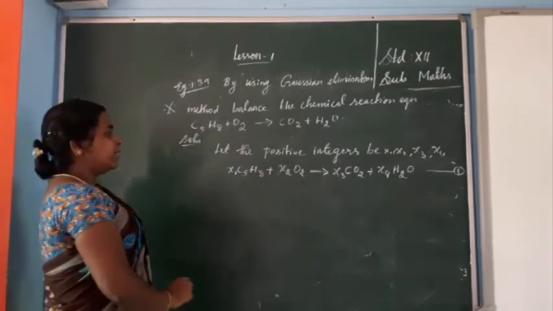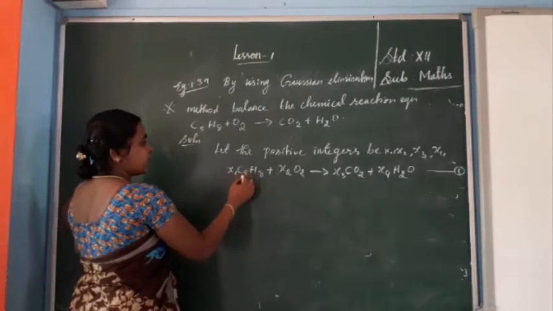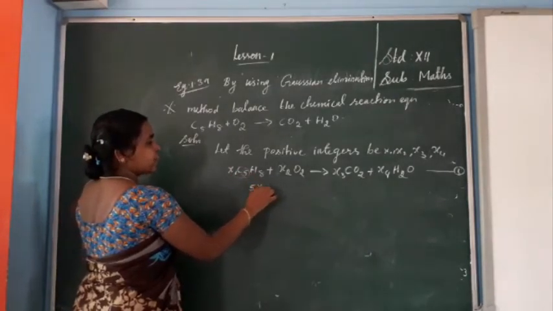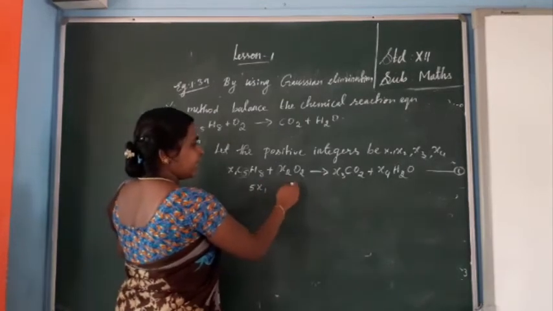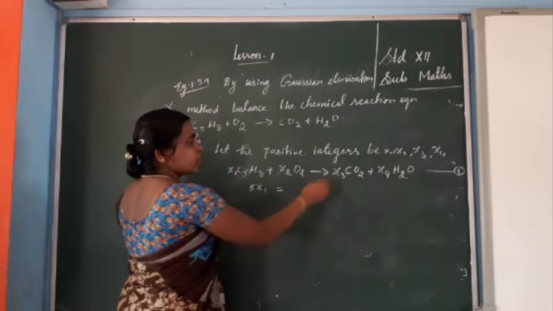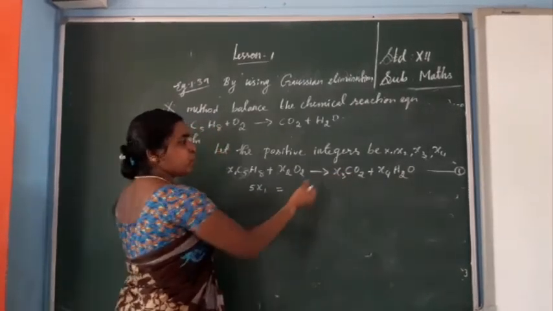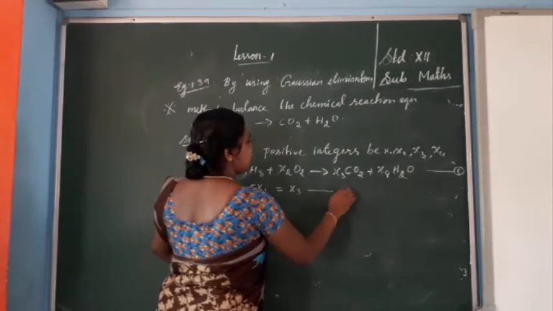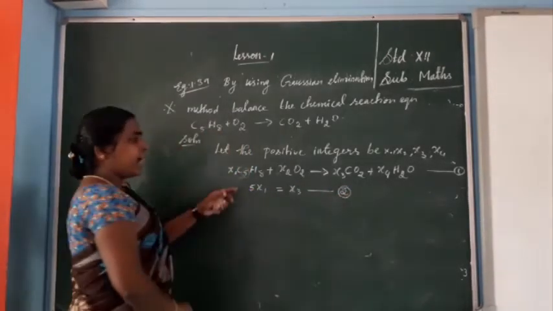Now you see the carbon element. Actually this is 5, isn't it? So 5 into x1, that is 5x1. Is there any other C here? No, so on the right hand side, equal to, carbon 1 time, so 1 into x3 is x3. That's all. Now you have to compare the hydrogen.